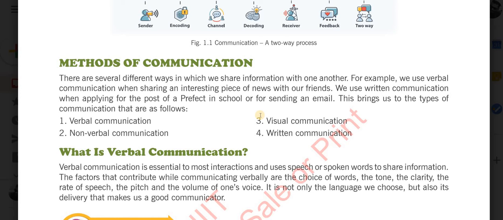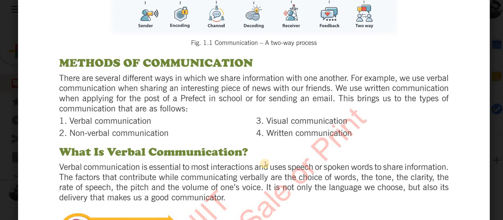The third one is non-verbal communication, which means mainly sign languages and the like. Written communication is, let's say, letter writing, chatting, email. So the first one is verbal communication. What is verbal communication?